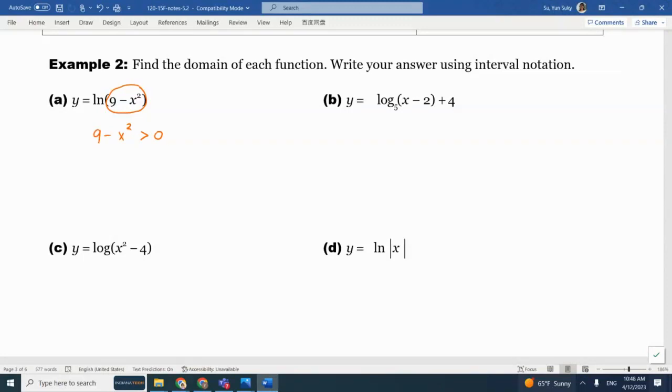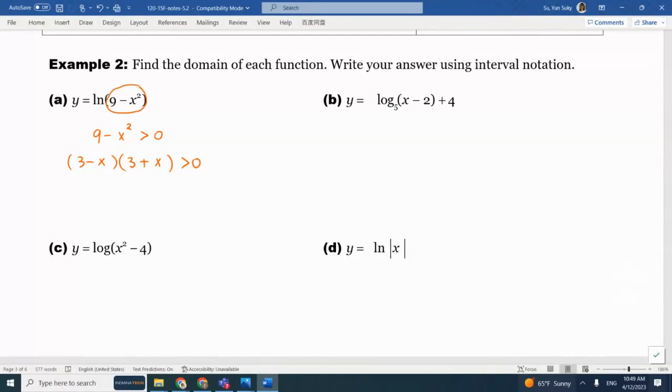Now it becomes to solve an inequality. So far, so good, everybody? All right. Can we factor? So 9 minus x squared. Can you factor? Very good. 3 plus x and 3 minus x.